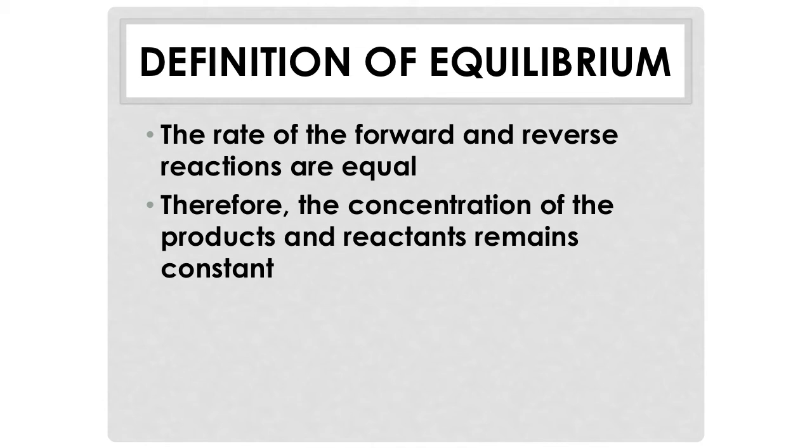So hopefully you remember that if we have, let's say, a basic reaction of A turns into B. If the arrow is written like that, it would be a one direction reaction.